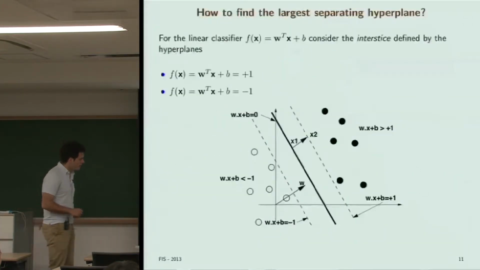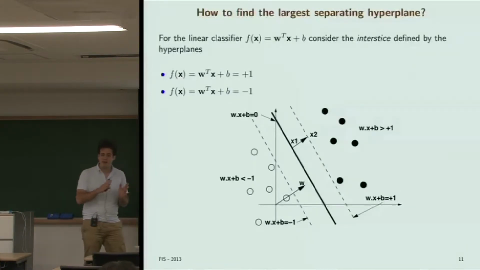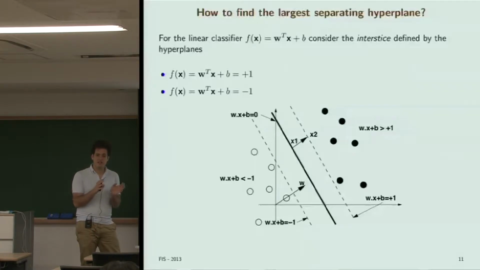Now, let us formalize the fact that we want a hyperplane that maximizes the margin. That is, it has the largest room possible around the hyperplane before we touch any of the points on both sides.